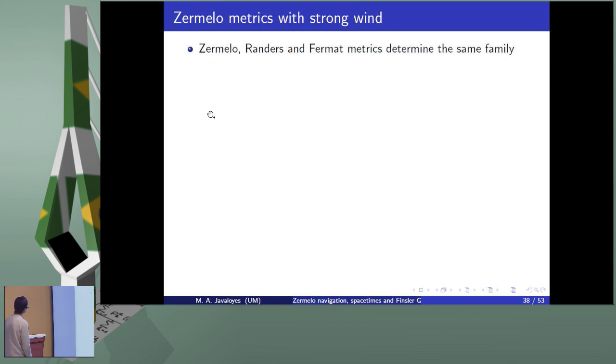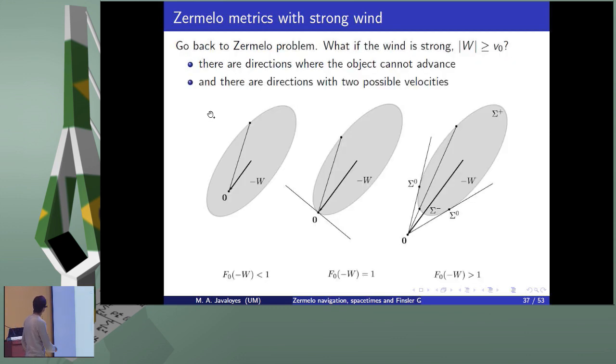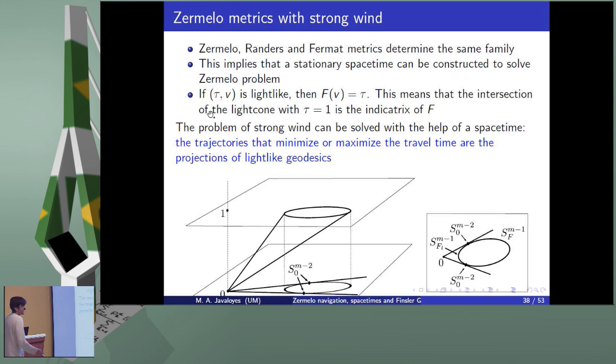Why? Because here, when you consider this problem, there are directions where the metric is not defined, and that gives a lot of problems. But in the space-time, you have a classical space-time, so it's much easier to consider it.